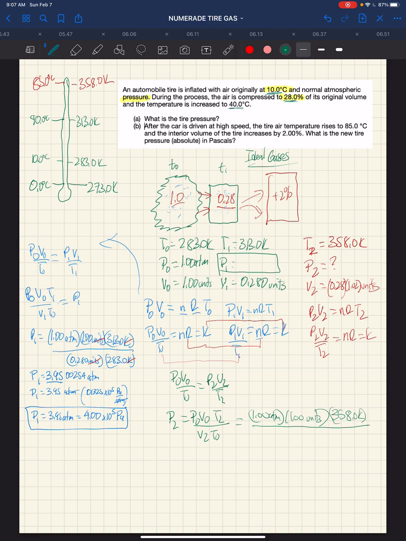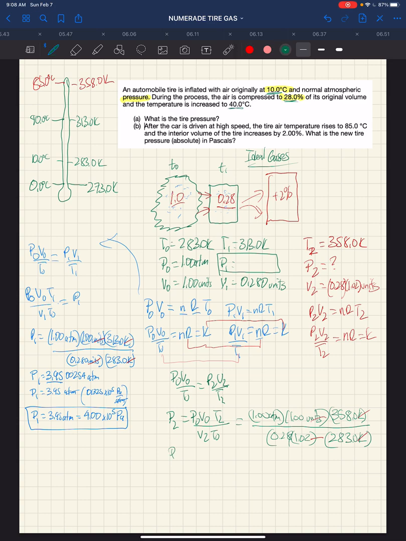In our denominator, our volume goes to 0.28 times 1.02. And the initial temperature was 283.0 Kelvin. Doing our dimensional analysis, kelvins are gone, and the units are gone. I forgot to write the units there, and we're left with atmospheres again.